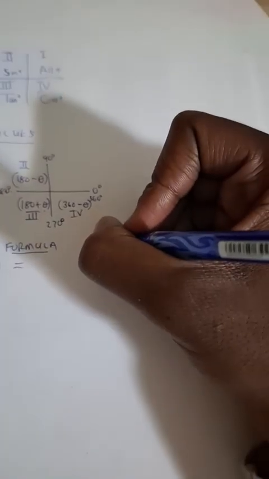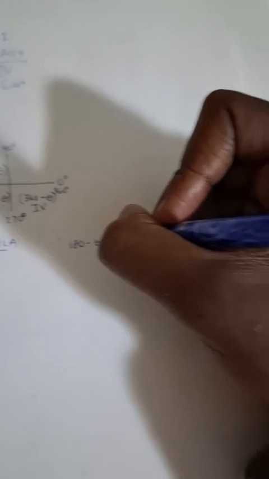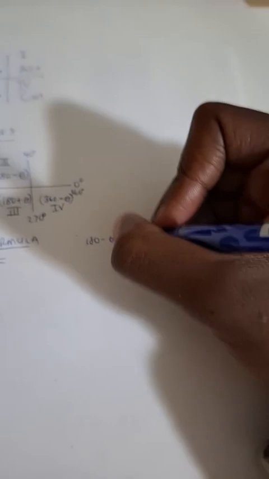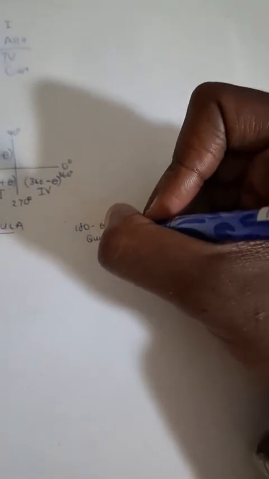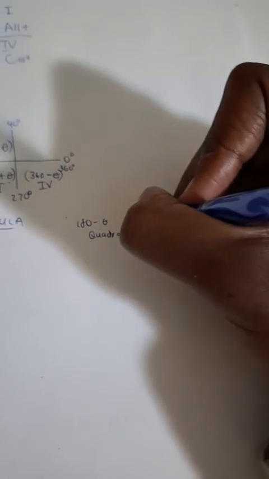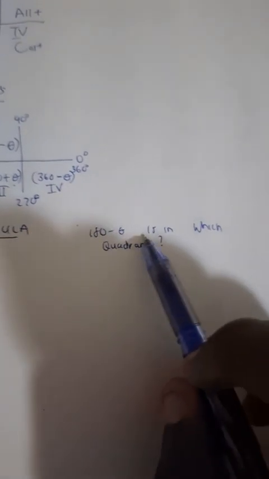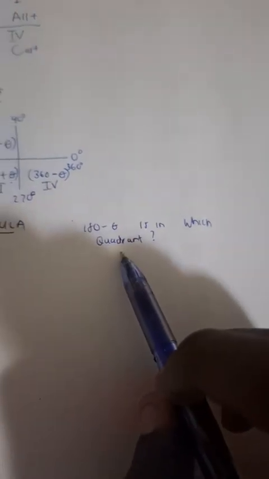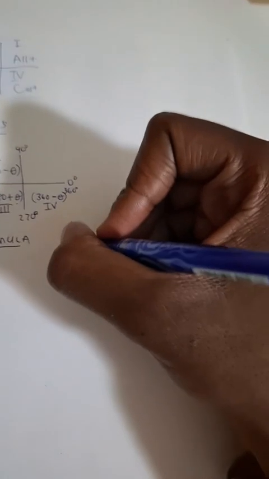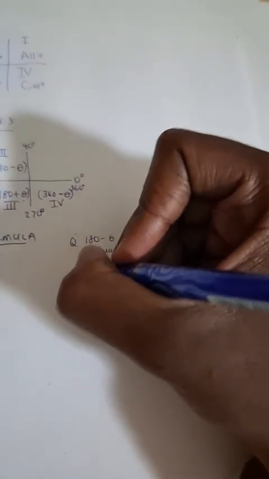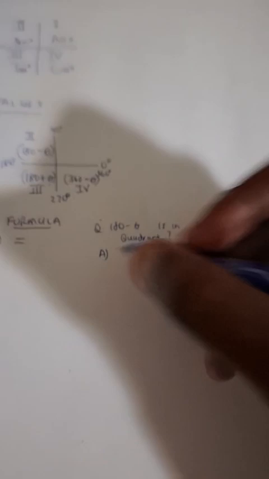So the first thing you ask yourself is, 180 minus theta is in which quadrant? That's the first thing you ask. Which quadrant is 180 minus theta?